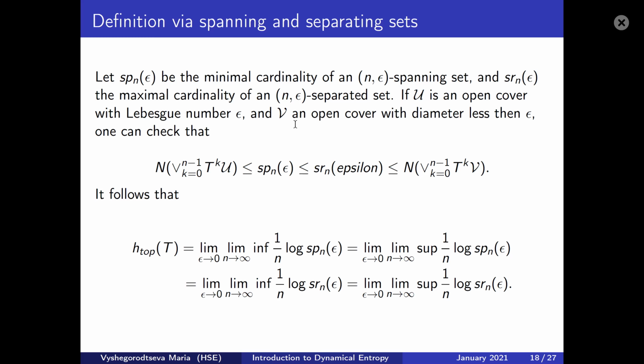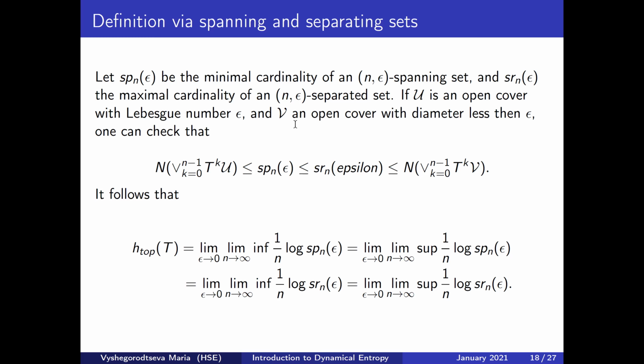And V is an open cover with a diameter less than epsilon, which means that for each element of V, the supremum of distances between points in each element of V is less than epsilon.